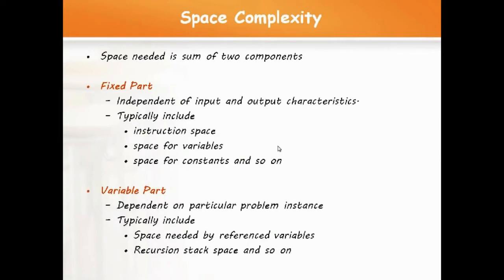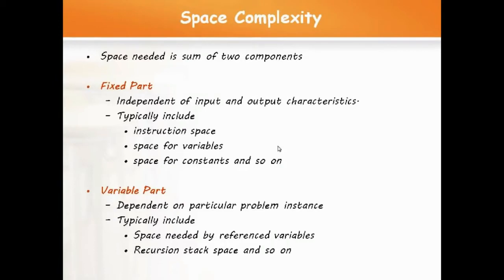Fixed space is independent of input and output supplied to the algorithm. Example, instruction space. The number of instructions will be fixed. Space for the variables. The variable space is also fixed. The space for the constant, which is also fixed. Such space requirements come under fixed spaces.